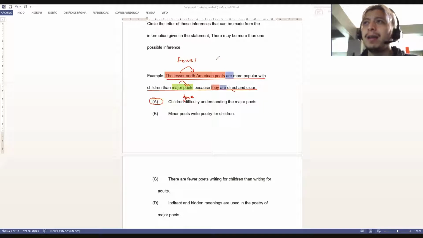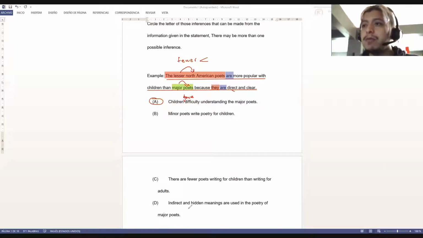Fewer would mean a smaller number, like fewer than. If you say there are fewer poets, it means there are 100 poets writing for children and 1,000 for adults, and it doesn't say this, okay? In this case, we are not really speaking about the number of poets. It's just an adjective to describe the type of poets, not the number of them, okay?